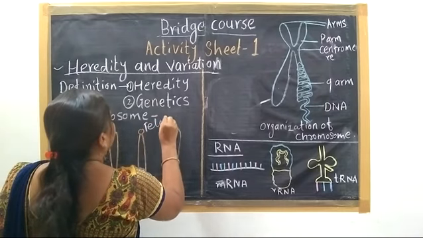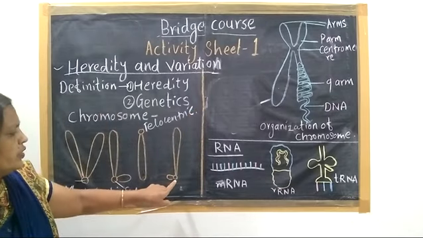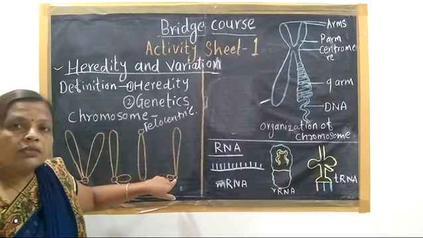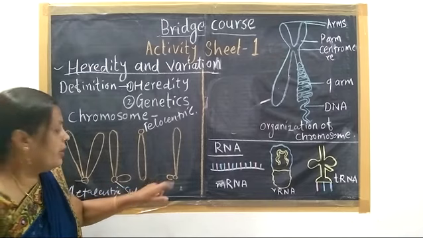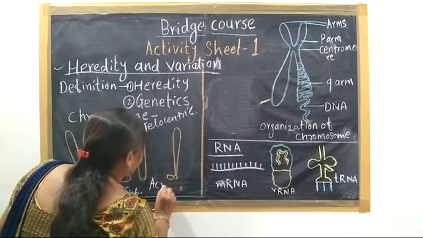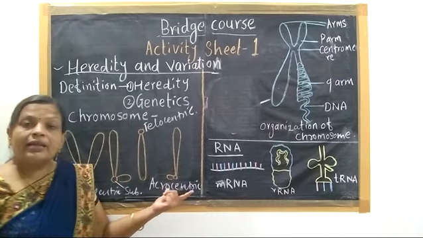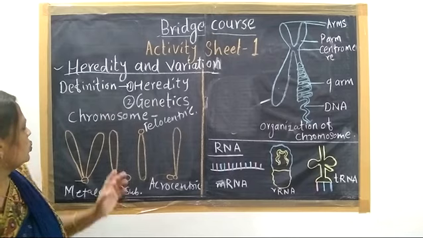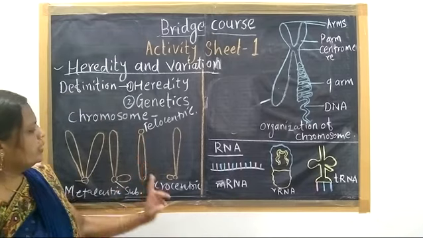It is called telocentric chromosome. And if the centromere is present near the periphery, not exactly at the periphery, it is called acrocentric. You should give the labeling along with the diagram, acrocentric. So there are 4 types of chromosome: metacentric, submetacentric, telocentric and acrocentric.